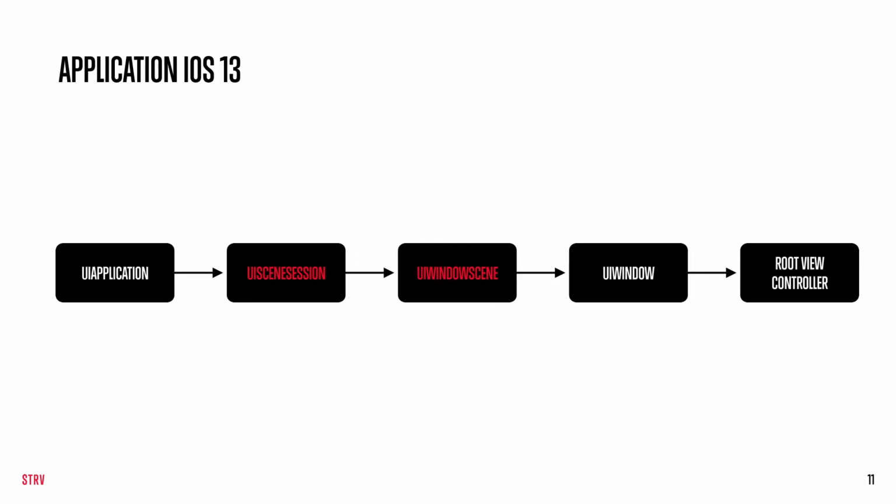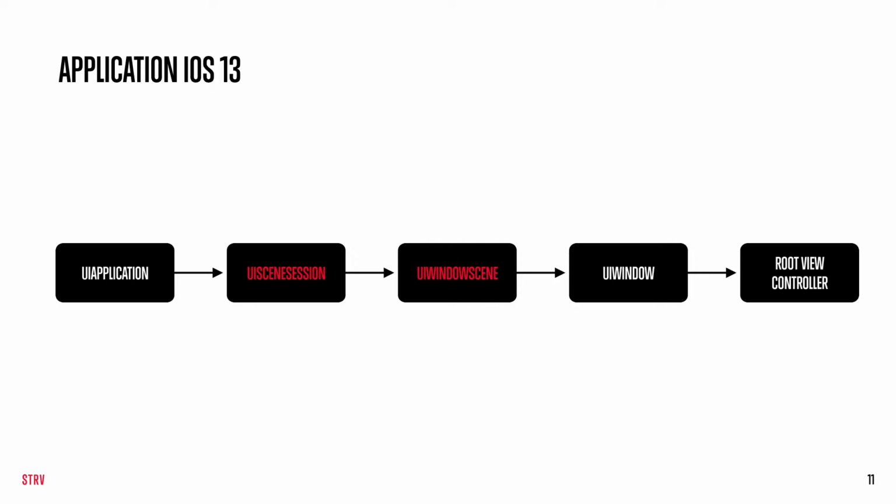Because those scenes have to be managed somehow from the application delegate, you also have the scene session. A scene session is a normal session with some states. The reason why the session is there is that when the system needs memory, it deallocates your UI, but it can deallocate only the UI of one window, and the application needs to keep track of existing UI so that it can request the reallocation when you reopen the app.